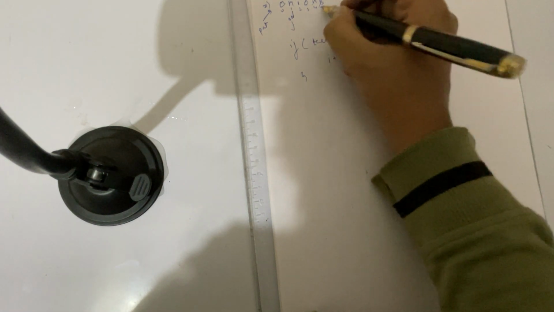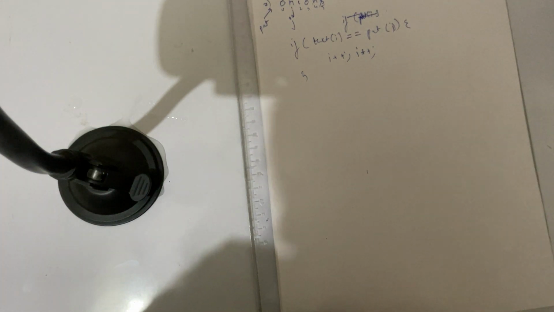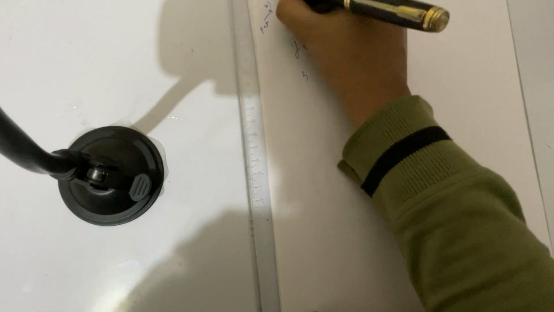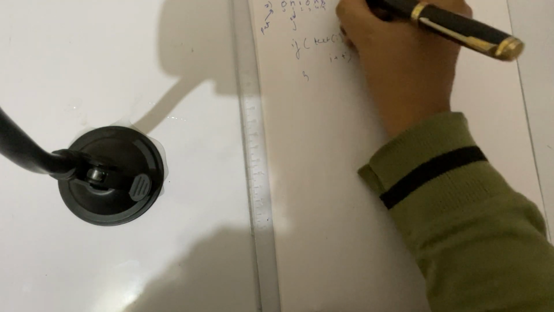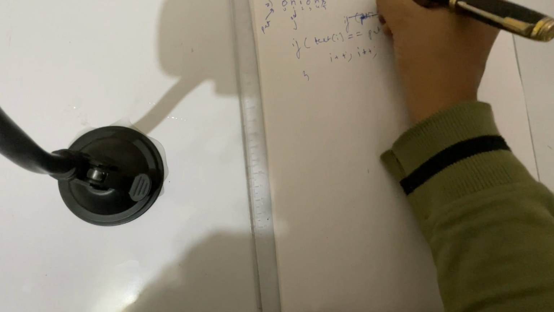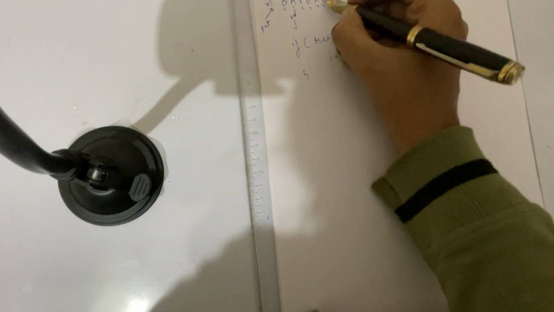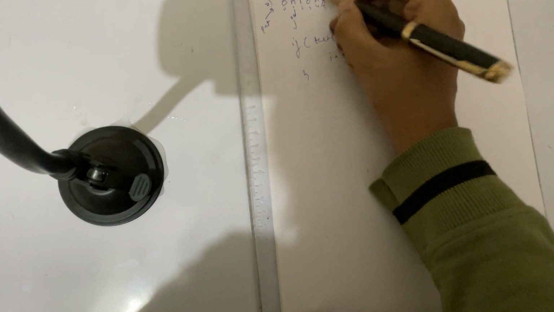I is 5 here. And here as well 0, 1, 2, 3, 4, 5, 6, 7, 8, 9, 10, 11, 12. So S is not matching with O here.